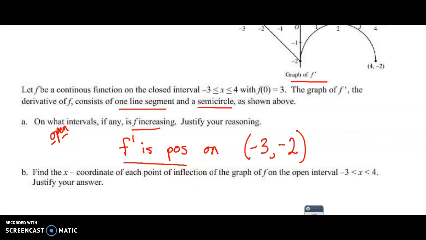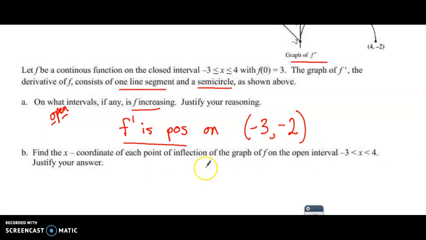Okay, what about a point of inflection? Well, a point of inflection is the second derivative. Just a reminder. So you might write that down where the second derivative is 0, or you could say, I'm sort of hesitant to say it this way, but I'm going to say, or undefined.